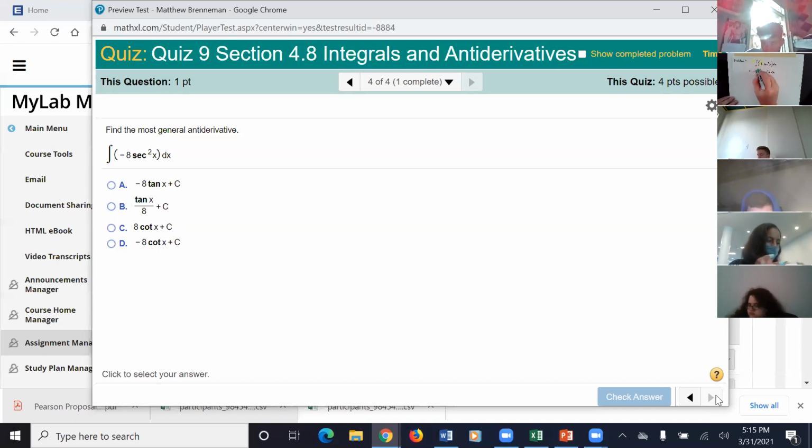And for the indefinite integral of secant squared, again, I have my choice. I can go to the formula sheet, or I can ask myself, is there a function that when I take its derivative gives me secant squared? Is there such a function? Victoria, do you think there is one?